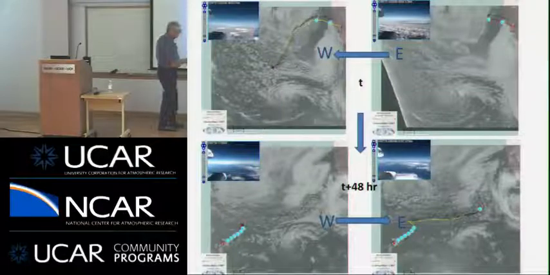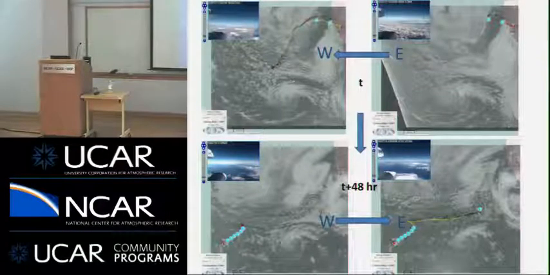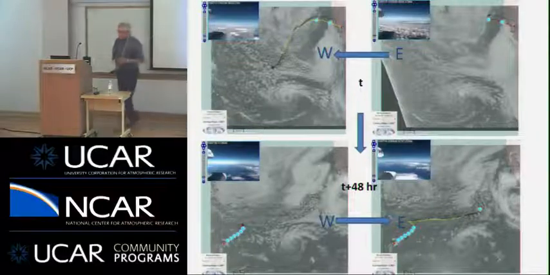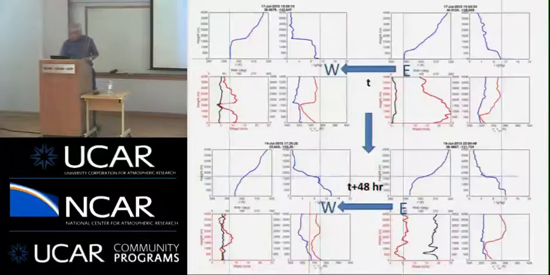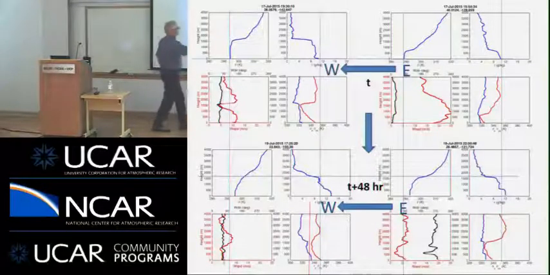I might call those open cells, if you want to think of it that way. And then this is the image for the last part of the leg as we're approaching Sacramento again. The transition from here to here is in time, and here to here is east to west, so you can get a look at that. Just to see how the boundary layer appeared during those cases, that same format is here.